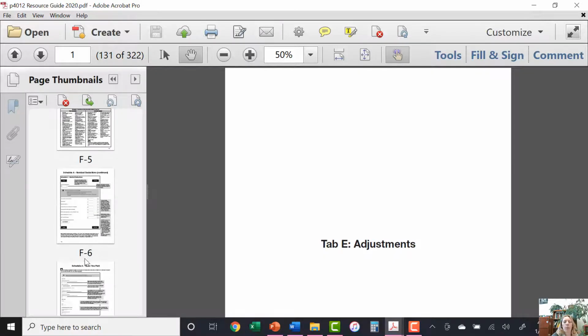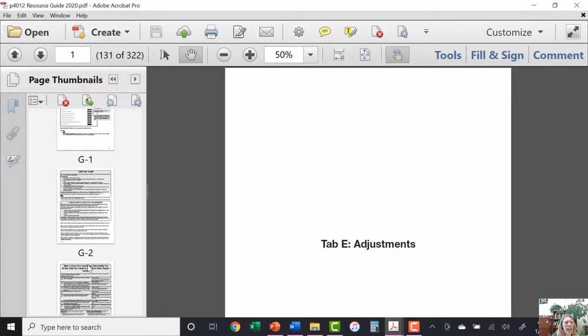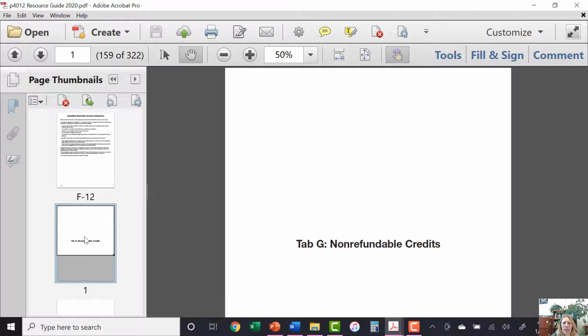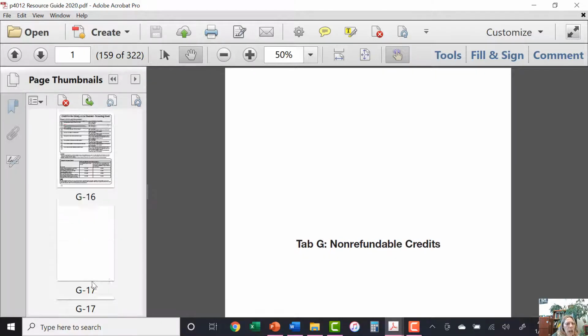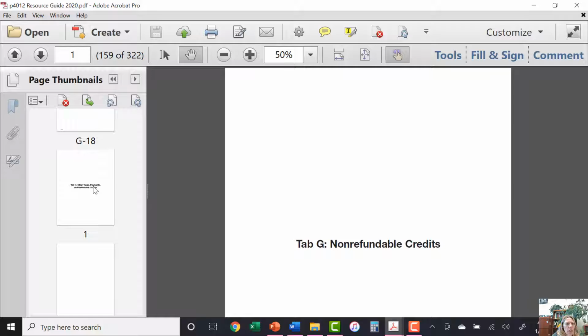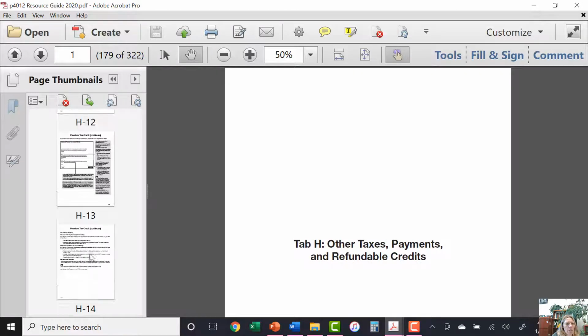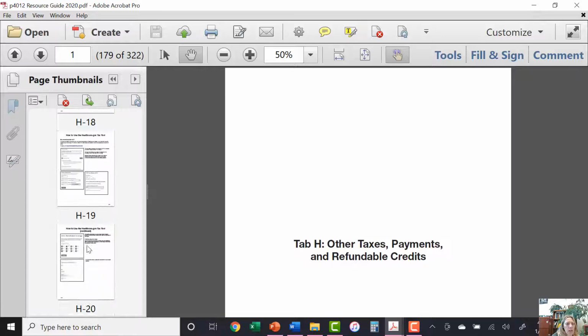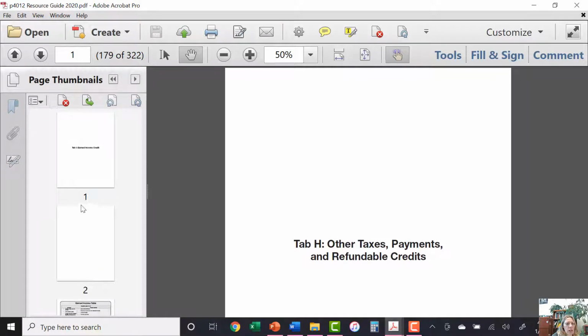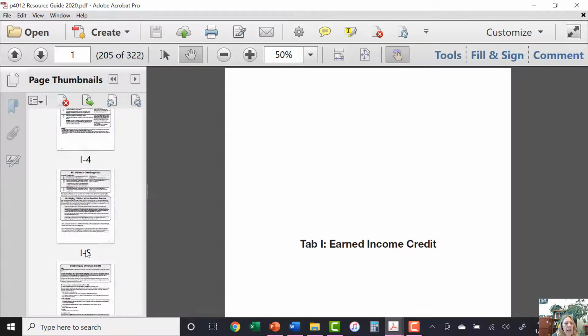So when we go through income and adjustments and all that fun stuff, you can just use your resource guide. You don't have to use the training guide for any of this stuff. Non-refundable credits, it should be after. It might not have one either, because the Affordable Care Act, while it's relevant, yeah, I don't think it has it.